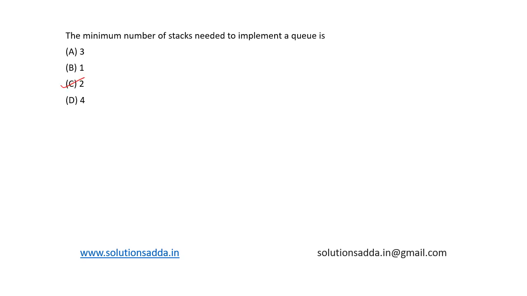Let's see how it can be done in one method. Queue is denoted using Q and stacks are denoted using S1 and S2. There are many methods to implement a queue using stacks.